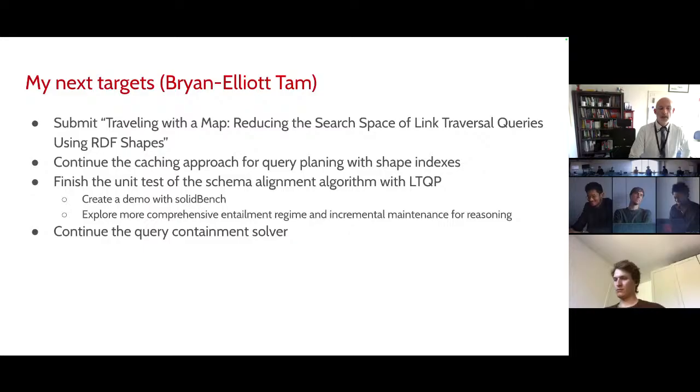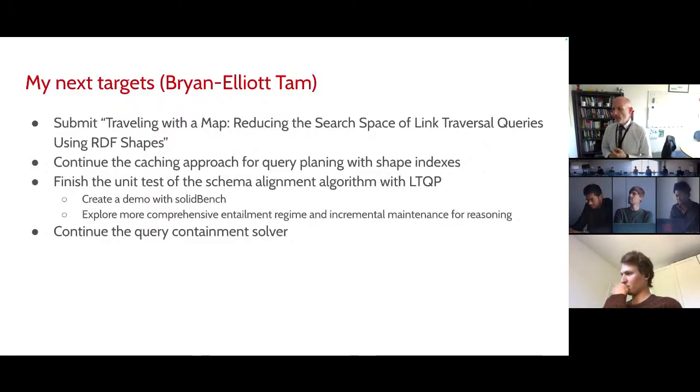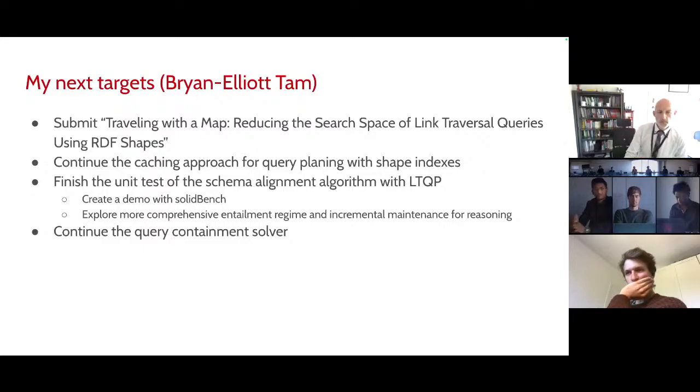Maybe I wasn't really clear, but the overall goal is to use the metadata published by the data provider. One project is about materialized views, another project is about link traversal using shape indexes or something like that.